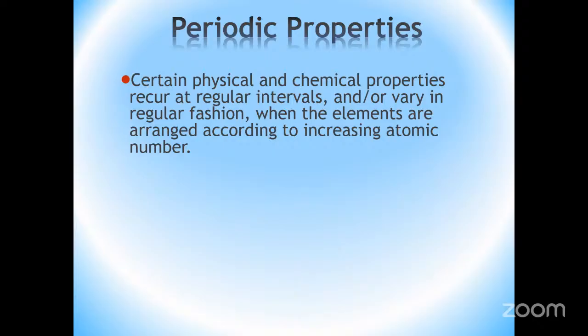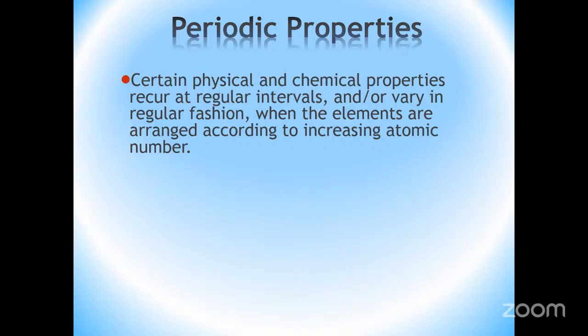And what he discovered, now back then, they didn't know anything about the atomic structure. They didn't know anything about electrons, protons, or neutrons, right? The only thing in terms of the elements themselves that they knew was the atomic masses, right? So what he did was that he arranged the elements in order of increasing atomic masses.